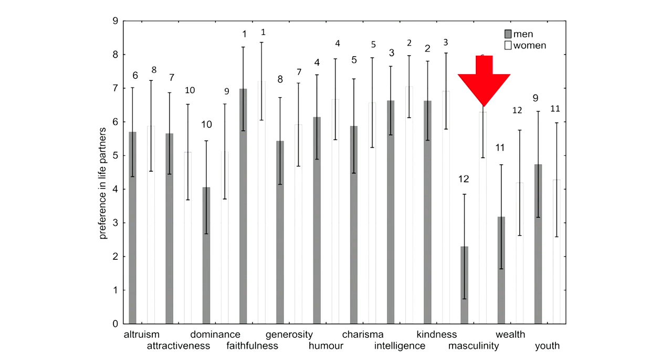But you see other characteristics much higher. Dominance is kind of low, but faithfulness, look, that's way up there. Then we have charisma, intelligence. These are all characteristics that people look for, regardless of whether they are men or women.